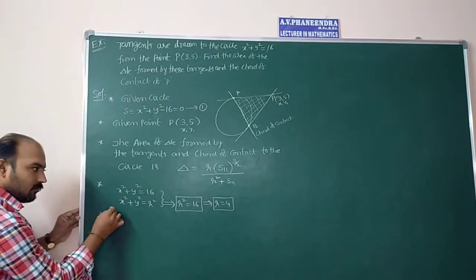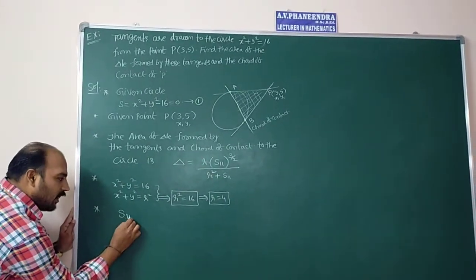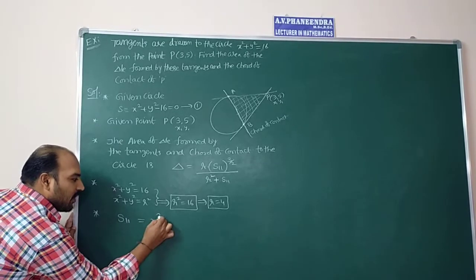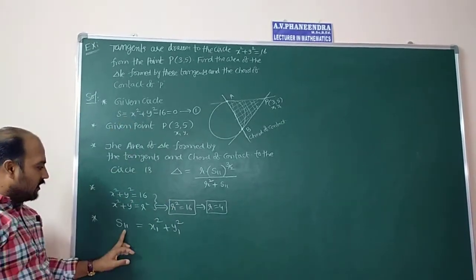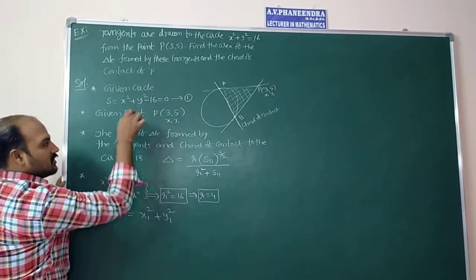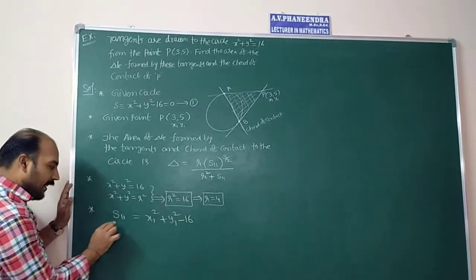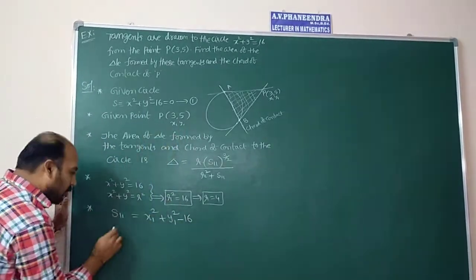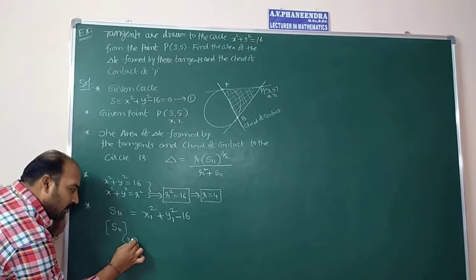Next, R square is required, R is also required. Next, S11 value we are calculating. S11 is equal to x1 square plus y1 square minus 16 according to the given circle. S11 means wherever x comma y is there, you have to replace with x1 y1. Don't put the right side equal to 0. S11 at what point we are calculating? At 3 comma 5.